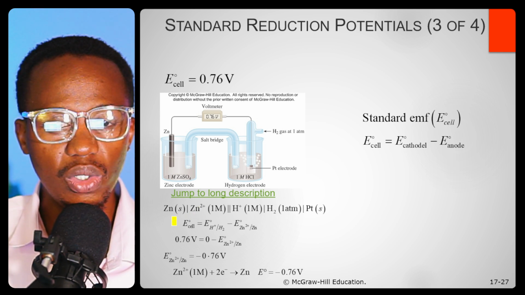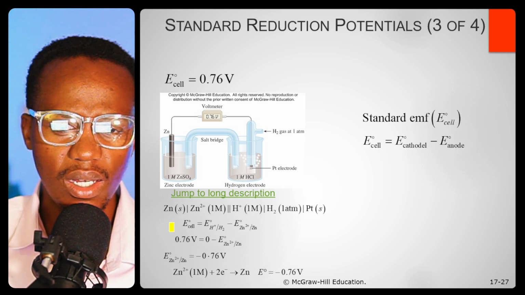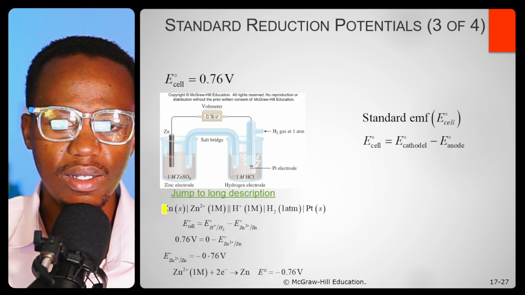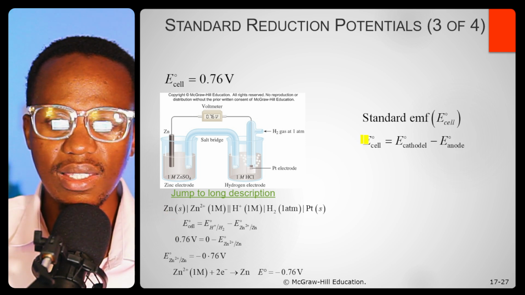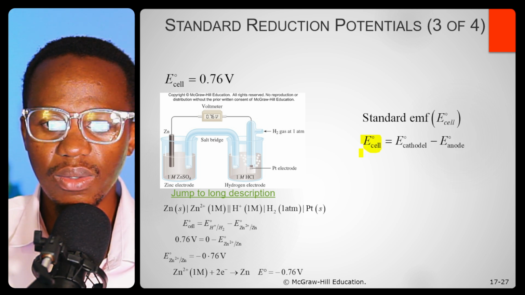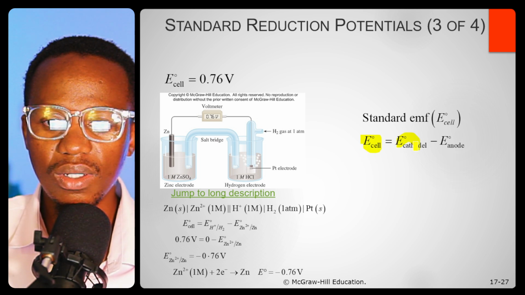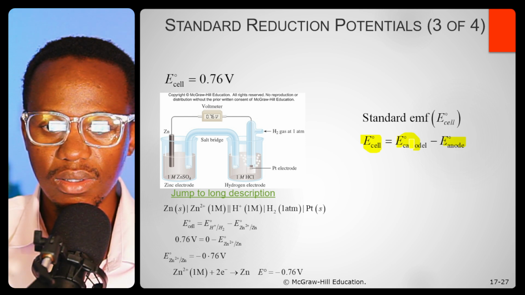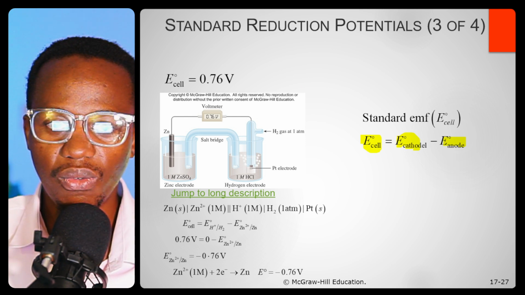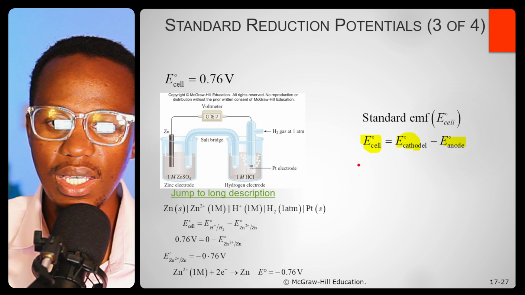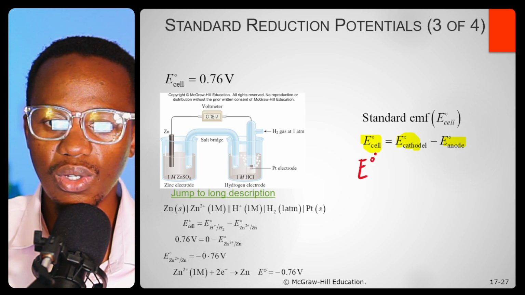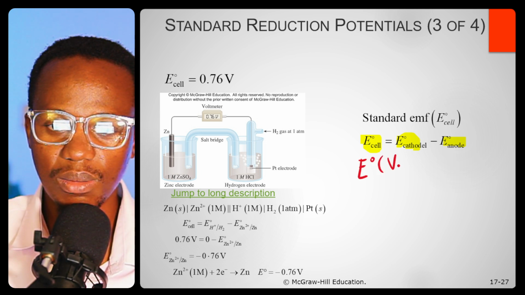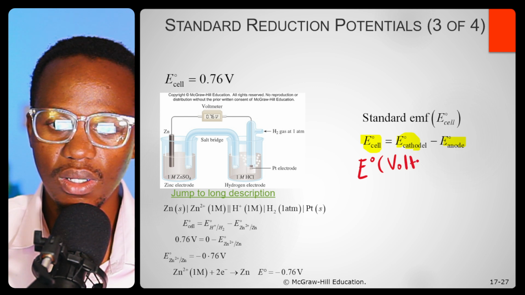And then if you have the numbers, which you should for all of these, you can then take the standard of the cell, which is the standard at the cathode minus the standard at the anode, the voltage. So the E cell is also voltage, so don't be confused, right?